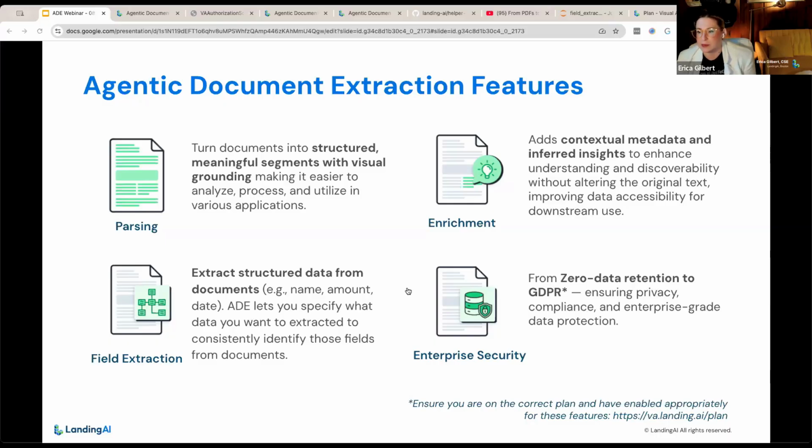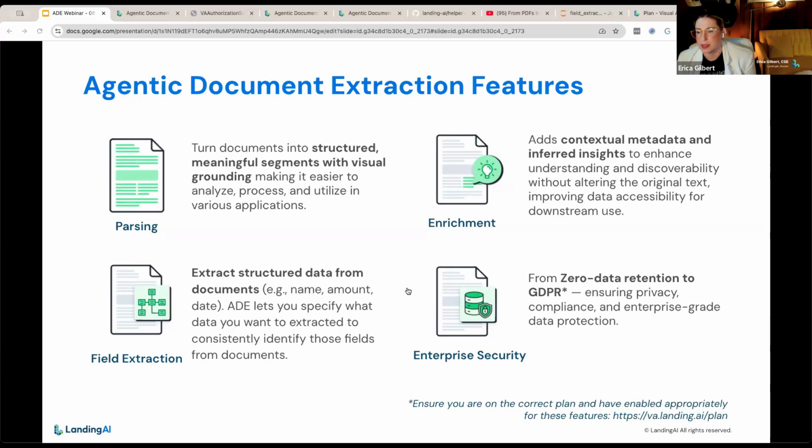And then specifically within the documents itself, pulling out very specific data points that you care about, like names or dates or amounts, and being very flexible about how that is defined.